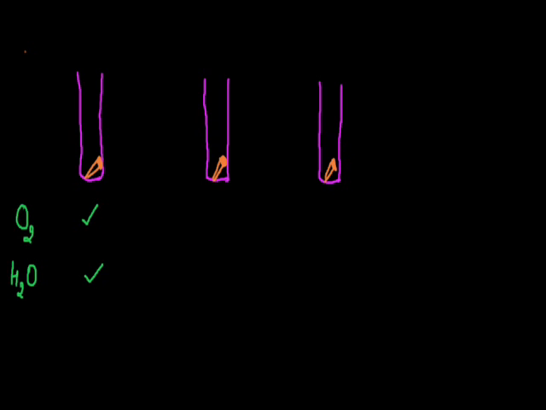Now, if I talk about the second condition, I want to give only the presence of water to the second iron nail, and in order to do so, I am putting some water in this second test tube. Now, the water in contact with the second iron nail may have some amount of oxygen dissolved in it. In order to avoid the presence of oxygen gas here, I am using boiled water, since boiled water will not have any oxygen in it.